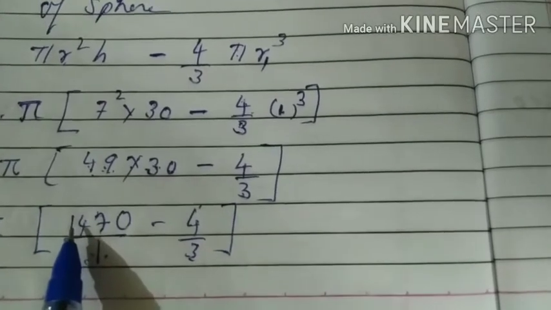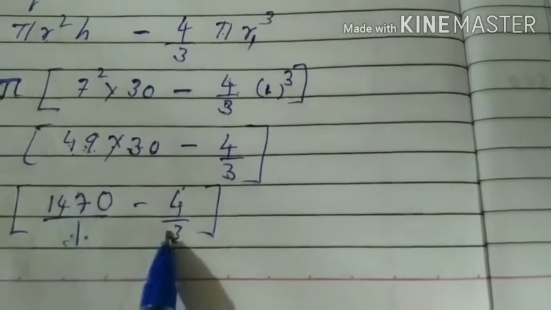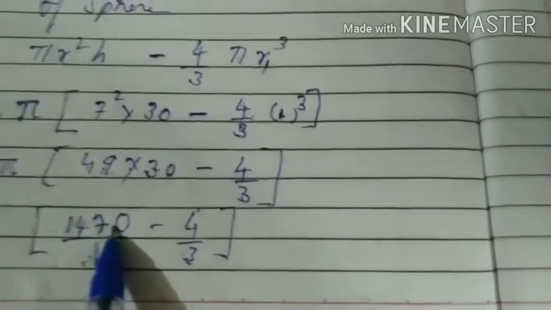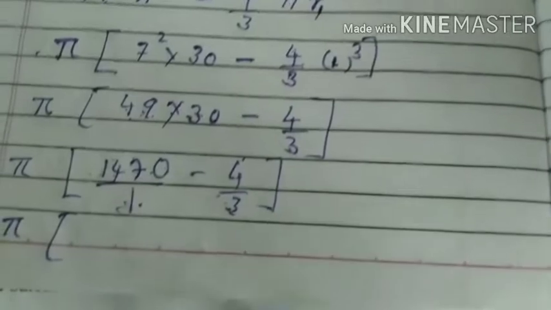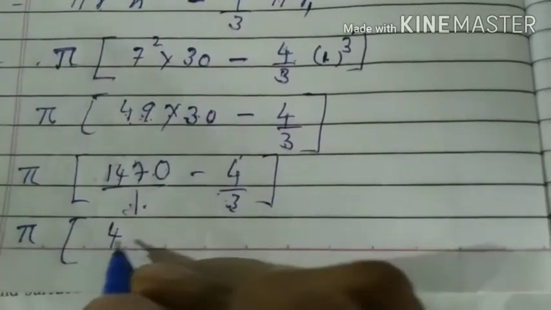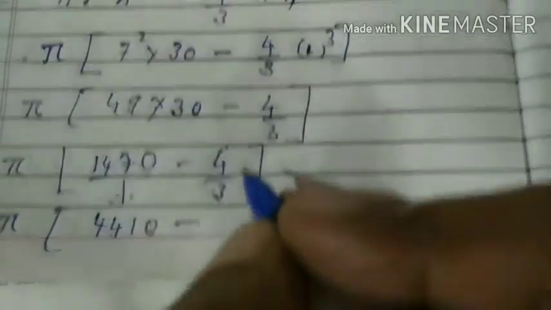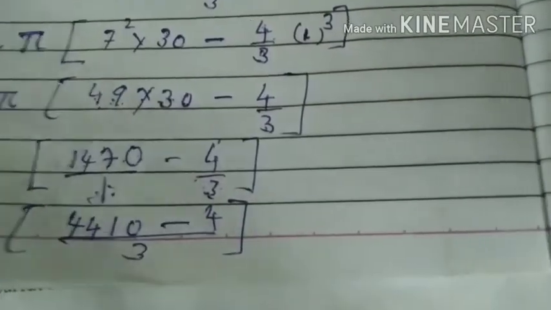So 1470 multiplied by 3, cross multiplied, pi remains same. When you multiply this, you get 4410 minus 4 ones are 4 upon 3 ones are 3 remains same.